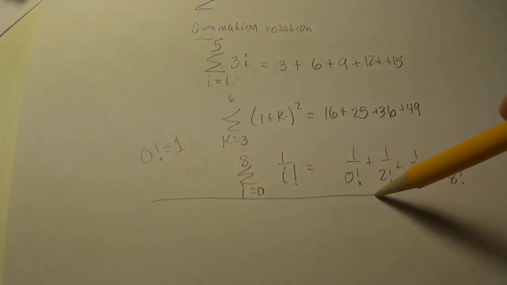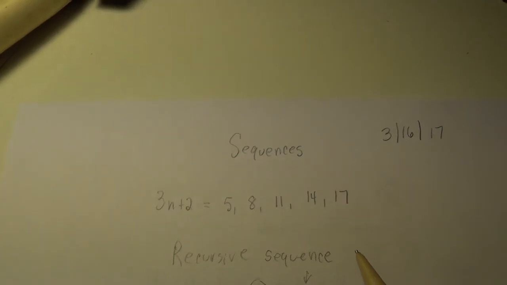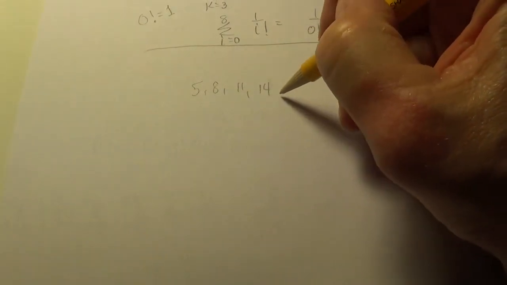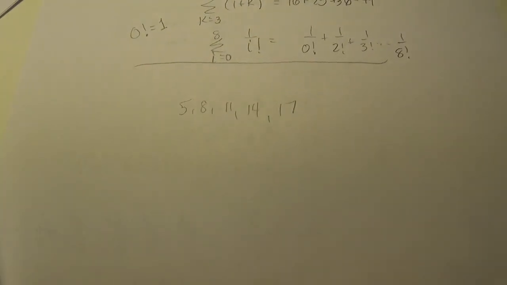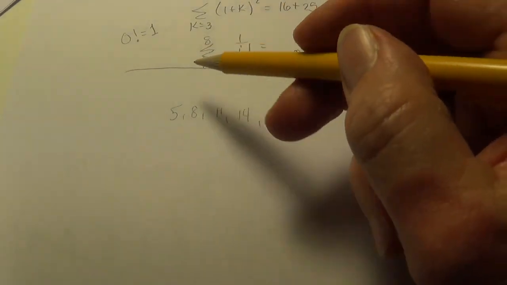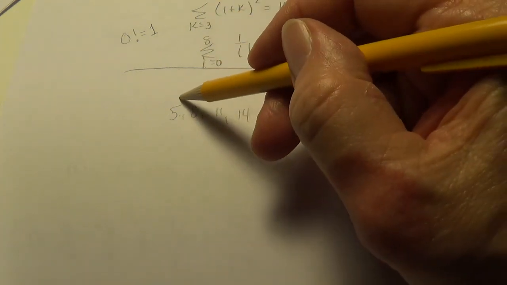Alright, I'll end today with a special sequence which I alluded to way back when I introduced the sequence 5, 8, 11, 14, 17. It turns out some sequences can be quite obvious in that one term is related to the next by addition.